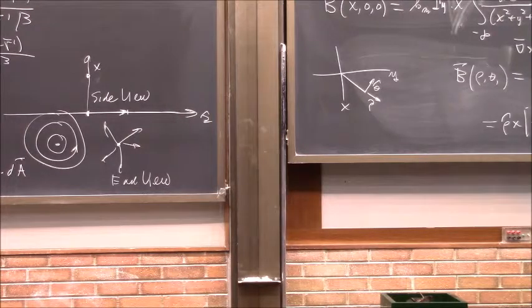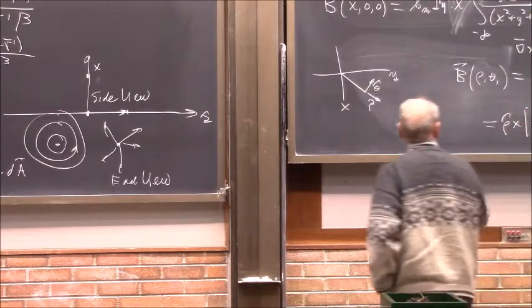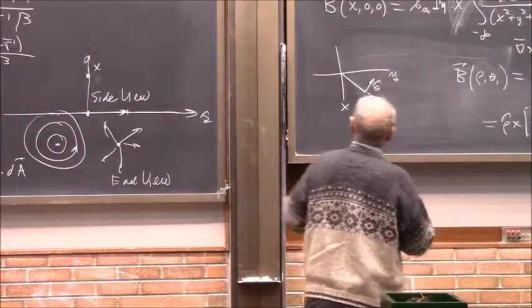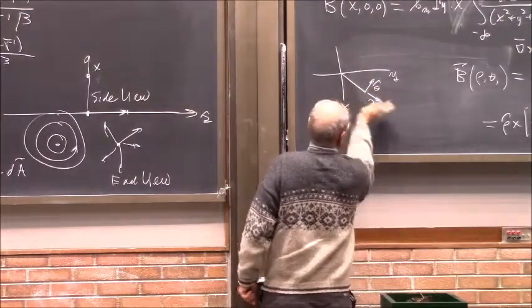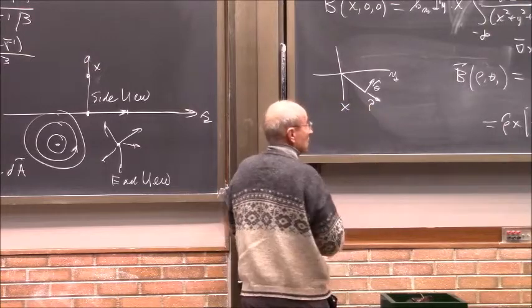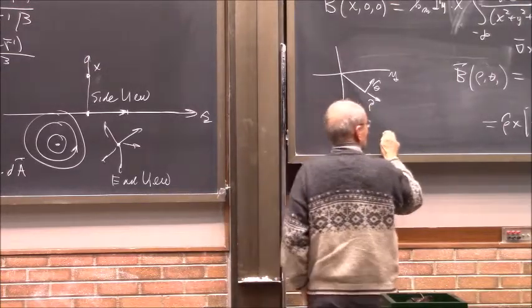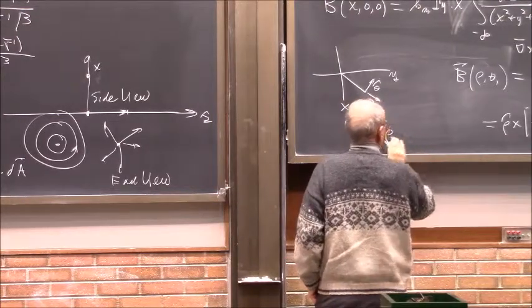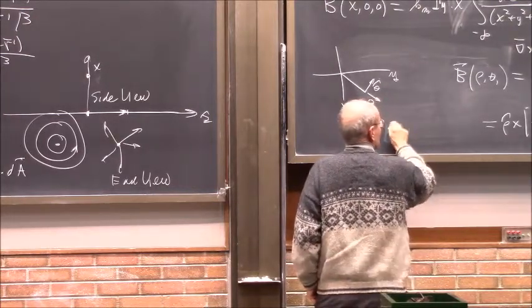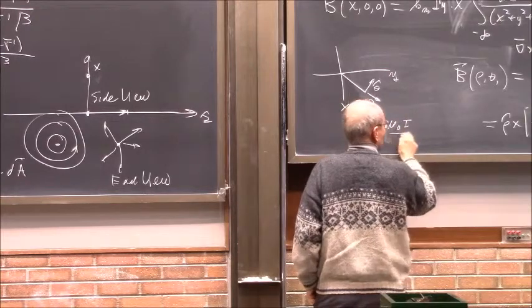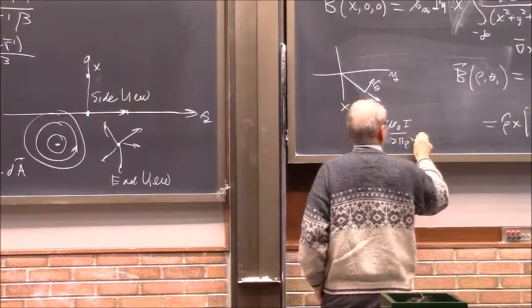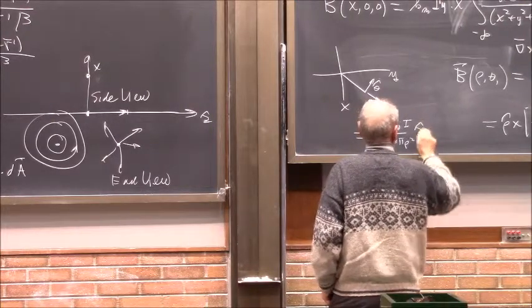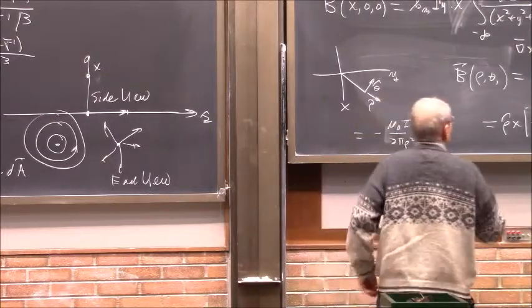From our picture here, rho crossed into theta points in the z direction. So we get minus mu 0 I over 2 pi rho squared in the z direction.